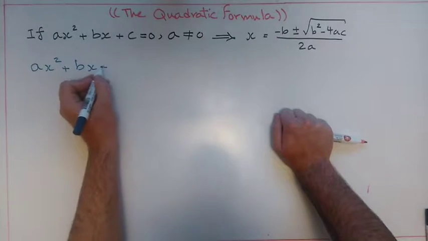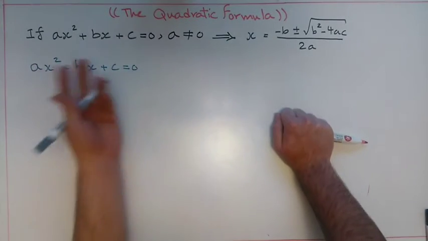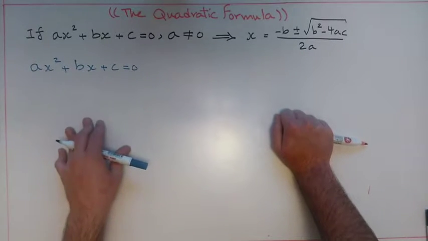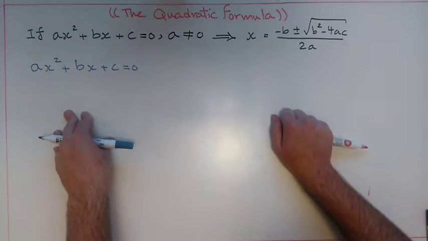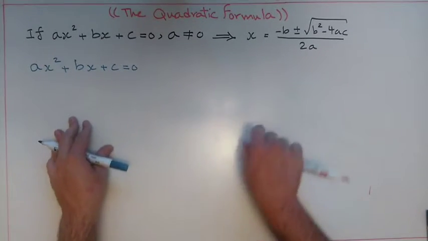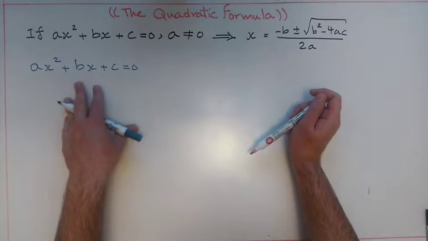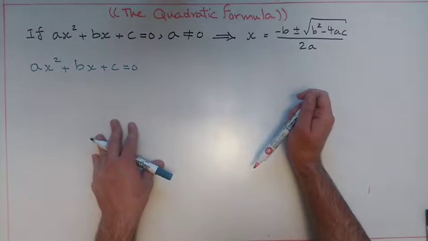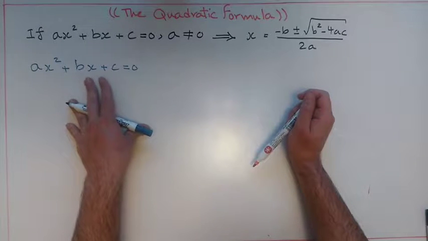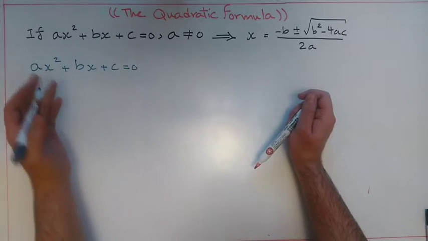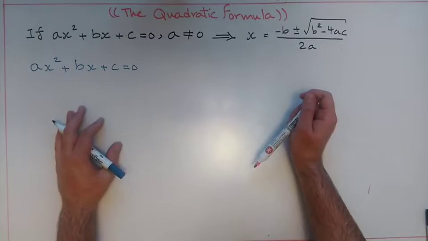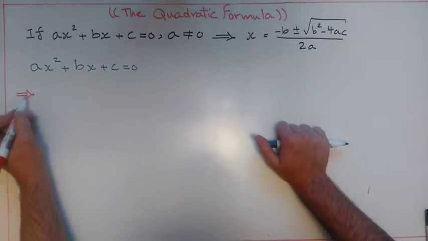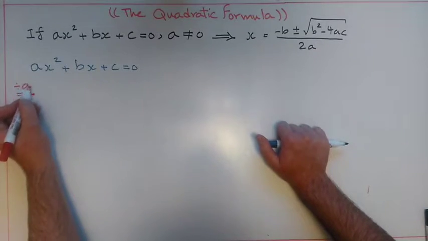Let's think of this equation just like a simple quadratic equation, but using a, b, and c as our coefficients instead. I want to solve this quadratic equation by completing the square. If I want to complete the square, then the x squared should not have any coefficient. So I need to divide both sides by a.